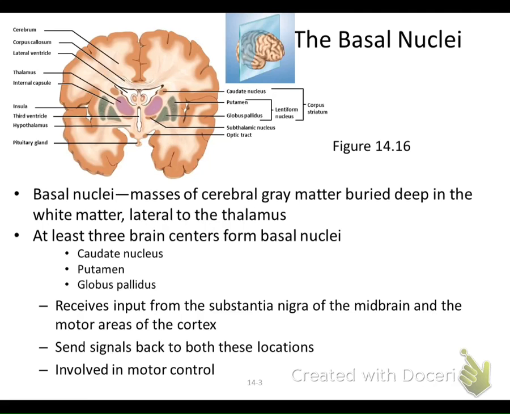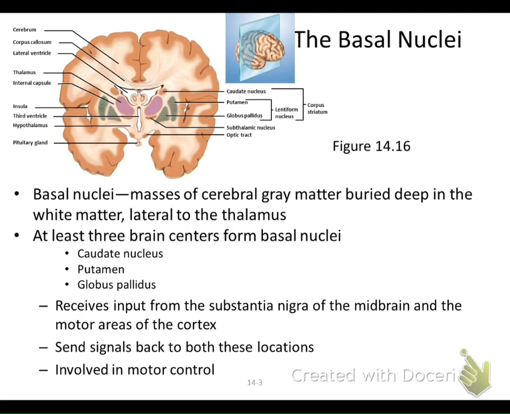Now, what color would cell bodies be? Gray or white? Gray, because cell bodies would not have around them any myelin. So a cluster of cell bodies would by just appearance be gray. Anything that has myelin around it, aka axons, would appear white.